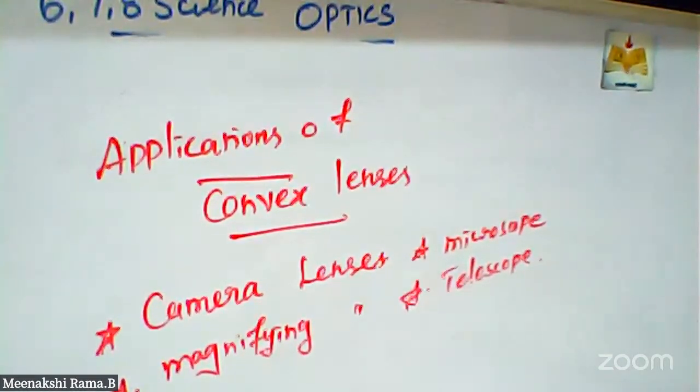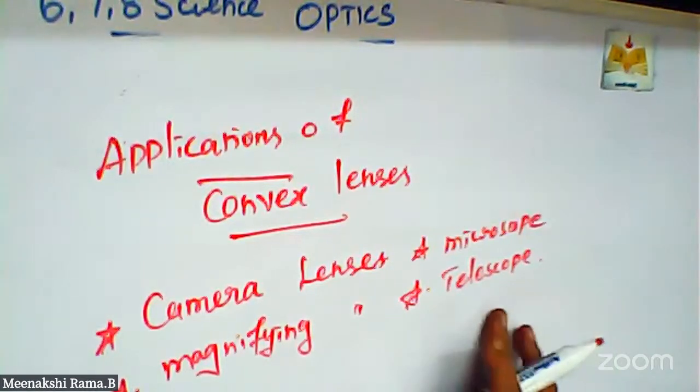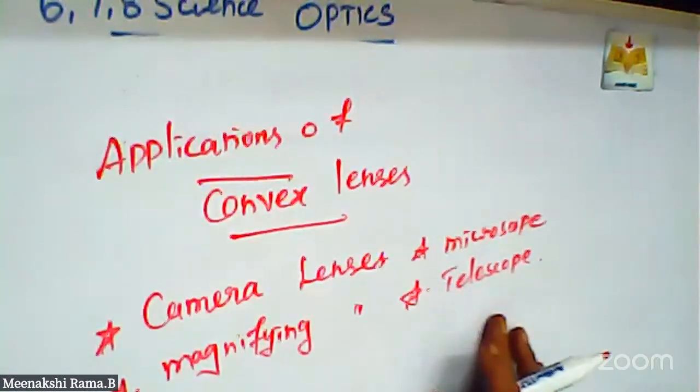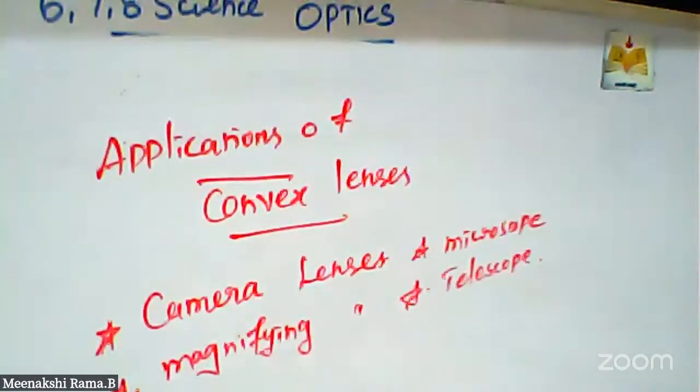Telescope means the picture of a far area, but we will get a clear idea about the picture. In hill stations, we use the telescope. It is very helpful to see a clear view of the area.